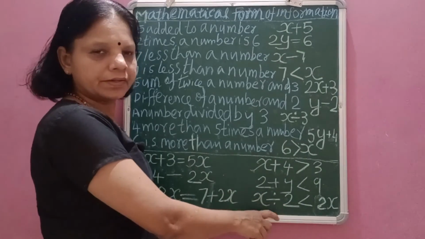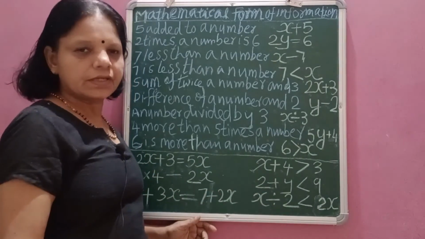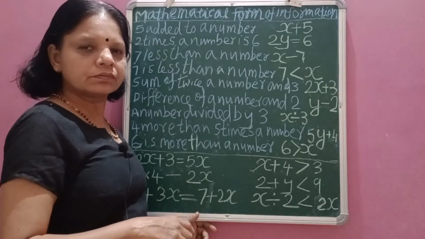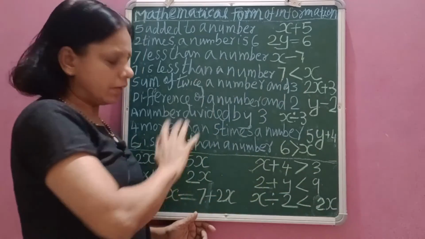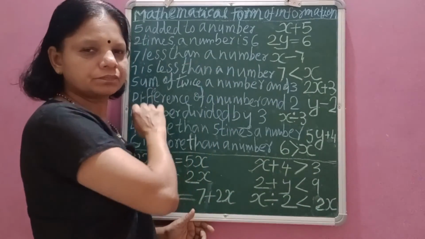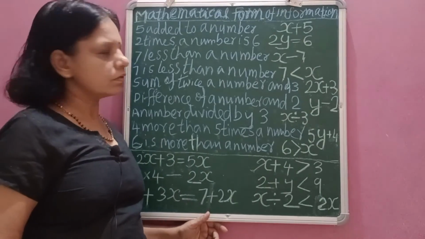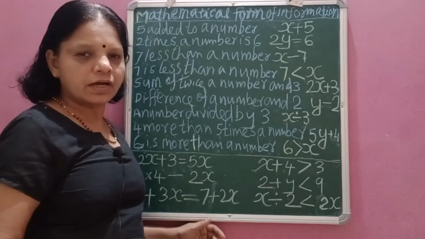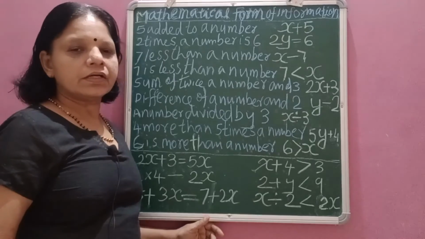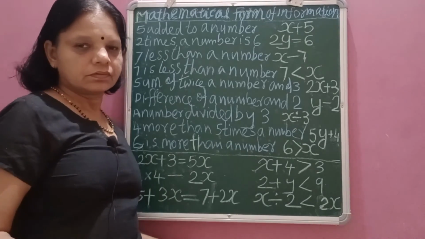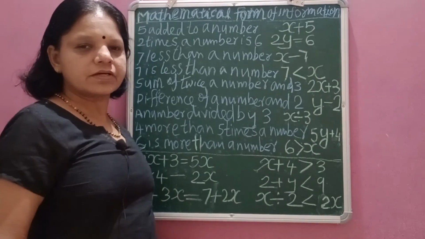A number divided by 2 is less than twice that number. In this way, you practice both. How to convert the information into mathematical form and mathematical form into information. And practice a lot, then you will get in touch with it, and it is highly useful for solving various problems. Clear? So that is the end of today's lesson.